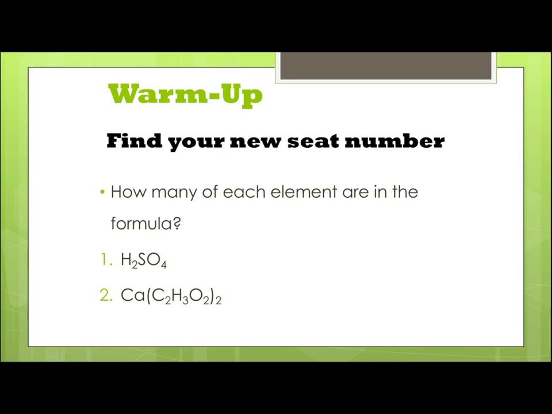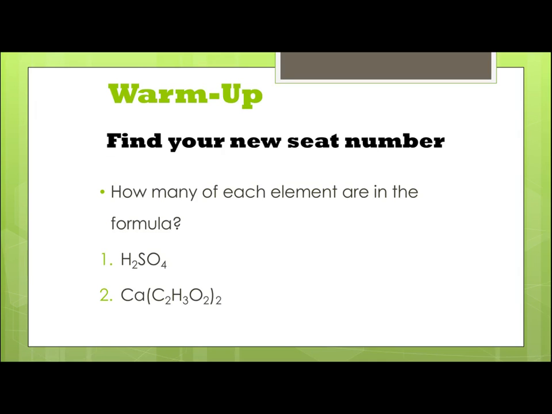Today we're going to take some time to review counting elements, and counting how many of each element are in a certain compound. And so we'll start with number one, which is H2SO4. Remember, when you're counting elements, you're really just looking at subscripts.